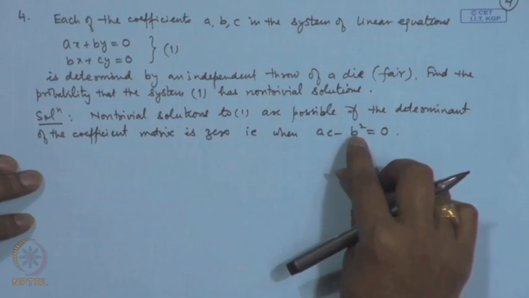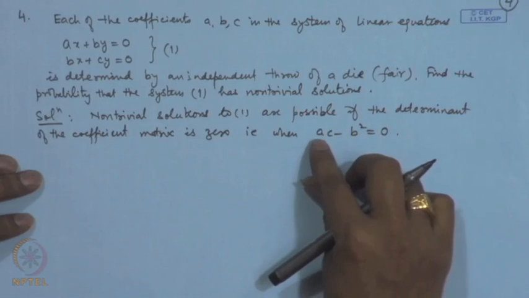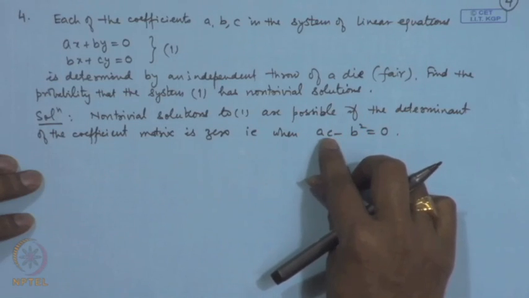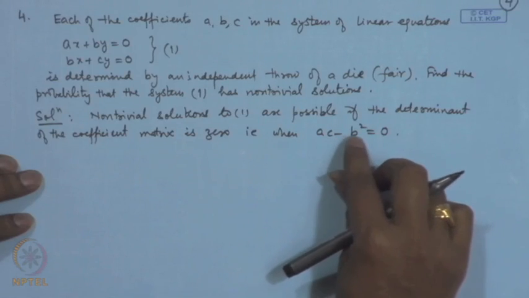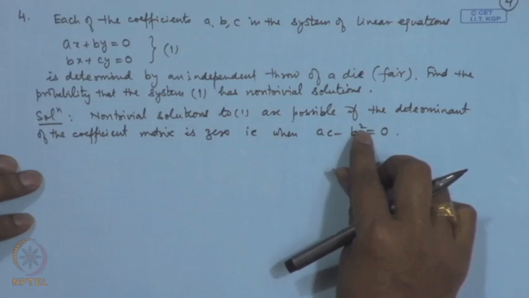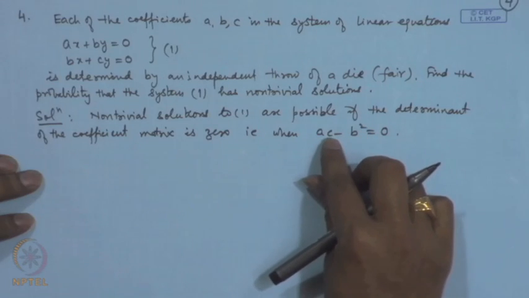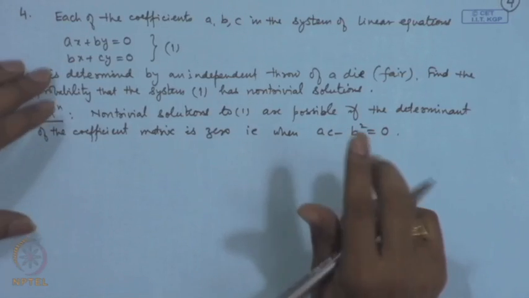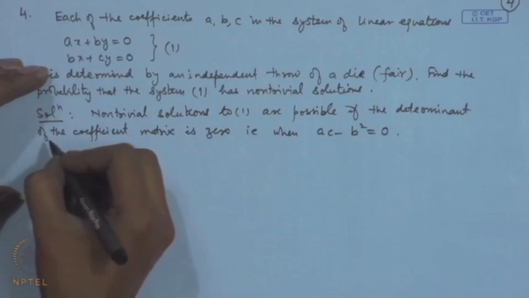Similarly, if B is equal to 3, then B square is equal to 9. Then if A and C are 3, then only AC will be equal to 9. There is no other possibility. And similarly, if we take B is equal to 4, B square is equal to 16, and then you get only possibility that A and C must also be 4. In a similar way, we can check all the possibilities.